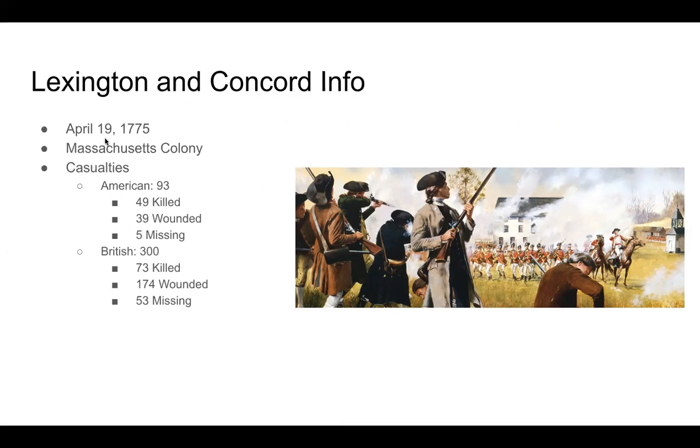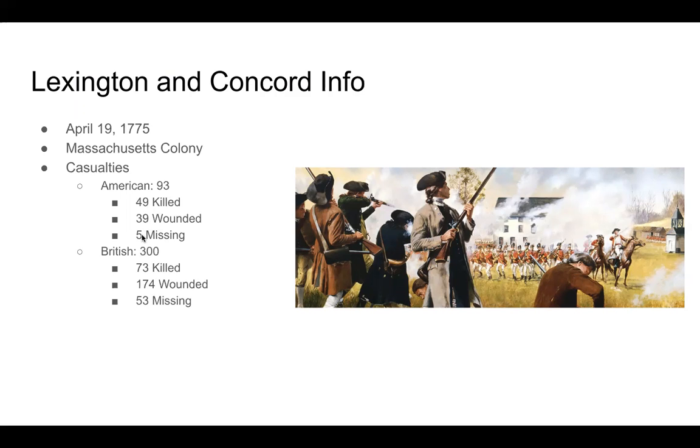We're not sure if it's a British soldier or an American Patriot, but someone fired a shot. And that day, in the Massachusetts colony, there were 93 American casualties, including 49 killed, and 300 British casualties, including 73 killed and 53 missing.